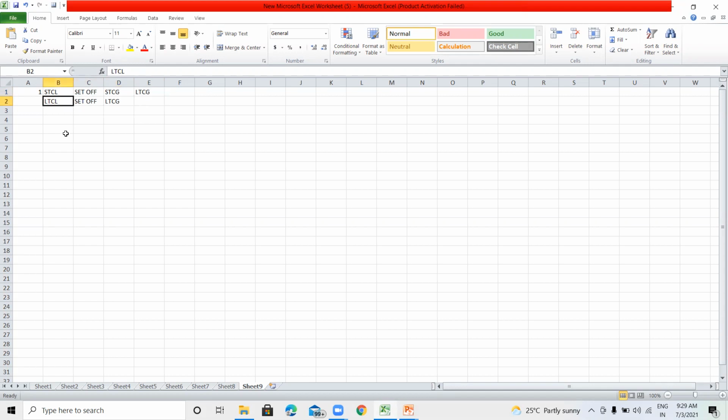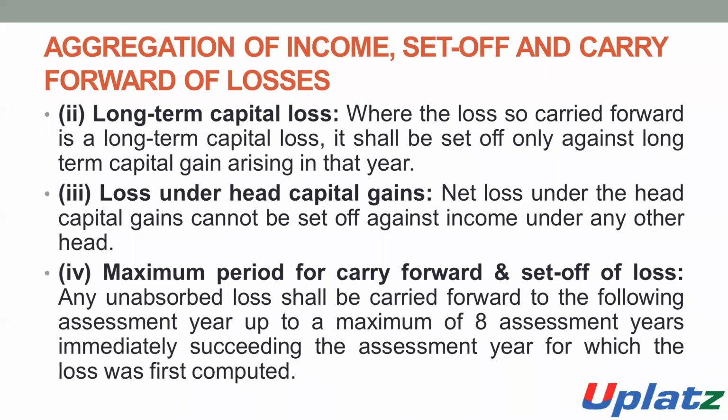But if there is a long-term capital loss, it can be set off only with the long-term capital gain. It will not be set off with the short-term capital gain. So the amount of long-term capital loss can be adjusted only against the long-term capital gain.